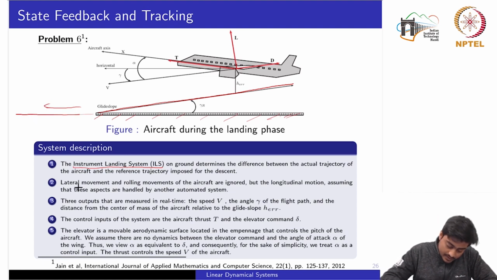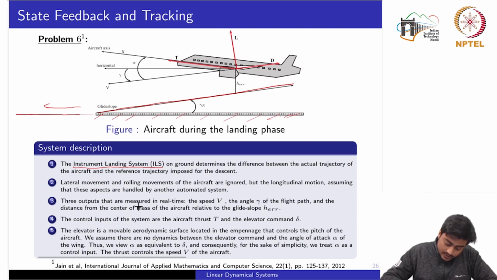Now in this system description, we have not taken the lateral and rolling movements of the aircraft, but we are only concerned with the longitudinal motion, assuming that the lateral and rolling movements are handled by another automated system.